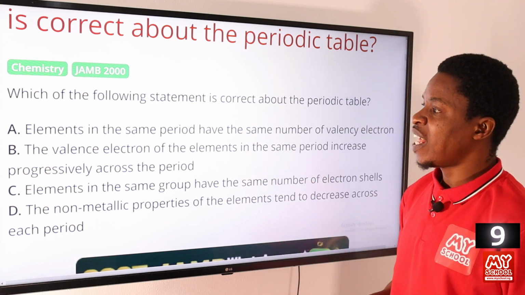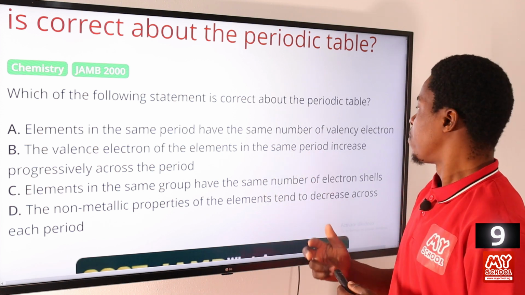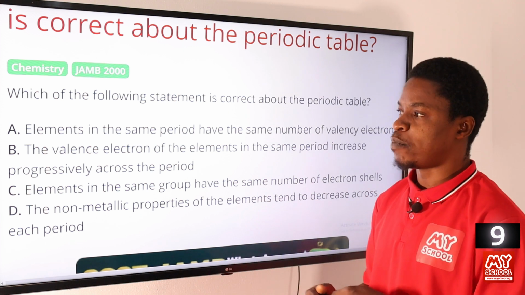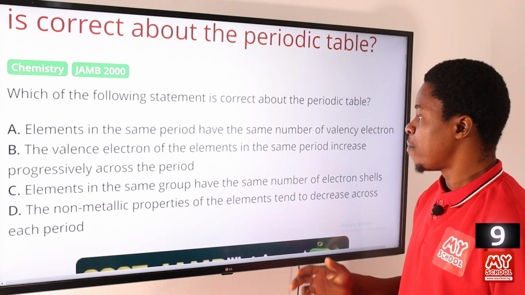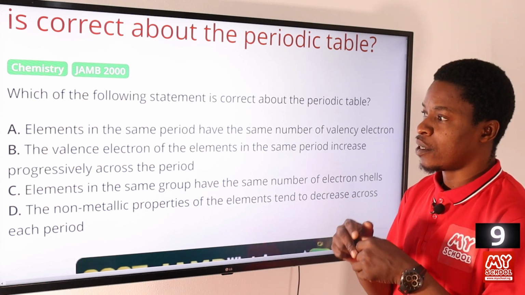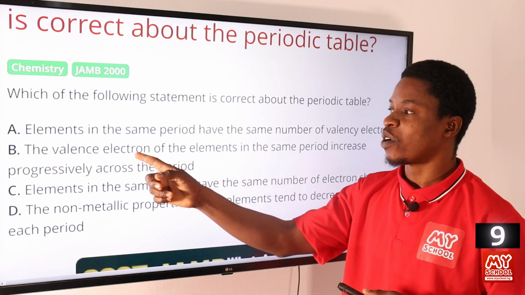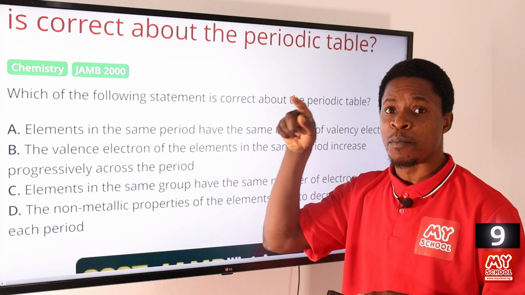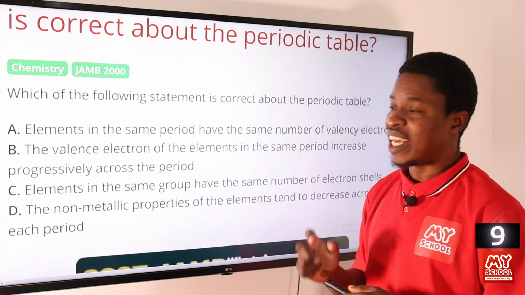Option B, the valence electrons of the elements in the same period increase progressively across the period. Is that correct? Yes, that is correct, because the valence electron is the number of electrons in the outermost shell of the atom of an element.